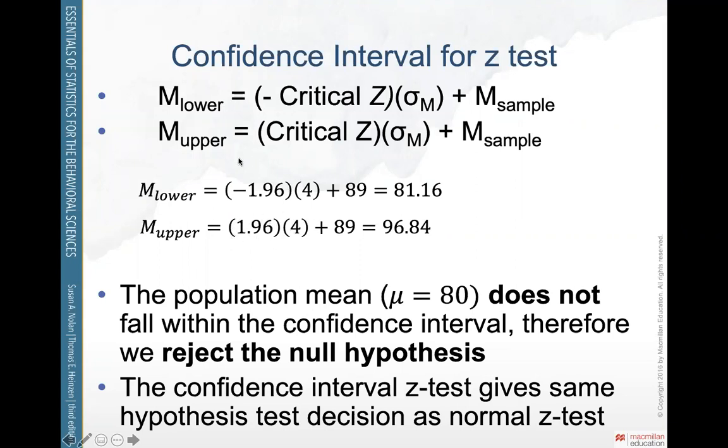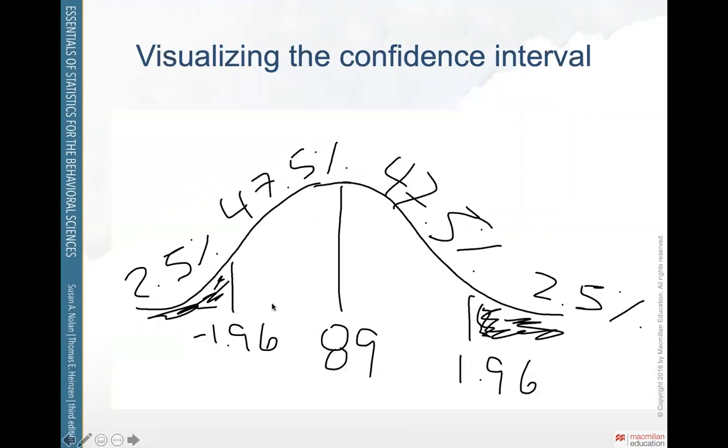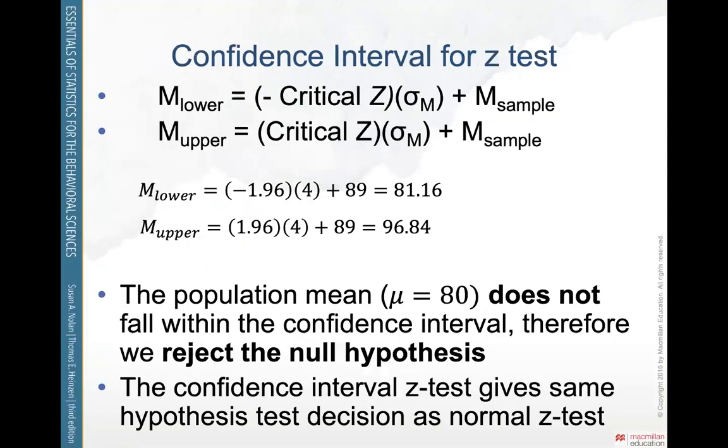We're using this particular critical z because we're doing a 95% confidence interval. Once again, a 95% confidence interval means that 95% of the area is in the center part right here, and 5% is in the tails. So our alpha is 5% because 5% is in the tails, which means that we're doing a 95% confidence interval because 95% is in the center part.